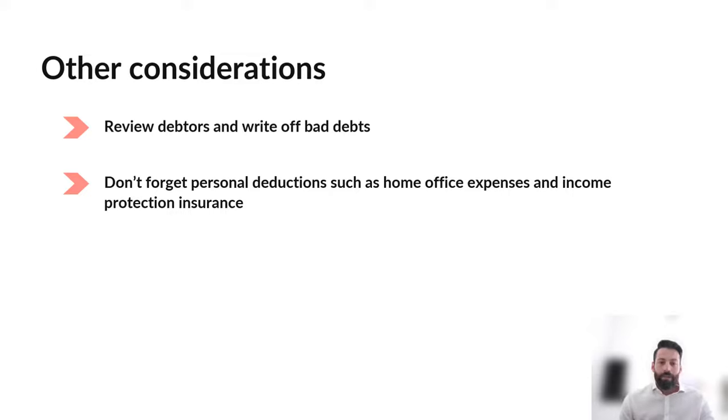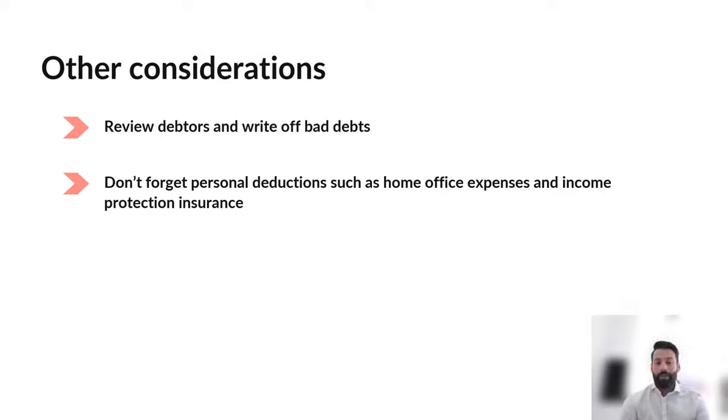What we've spoken about so far today is primarily business deductions, but don't forget about personal deductions as well. If you're an employee in your business, or you pay yourself a wage out of your business, then you might also be able to deduct things like home office expenses and income protection insurance. The ones I haven't put there are personal donations. If you own a car that you use for business but you own it in your personal name, then potentially there's a motor vehicle claim in there too.